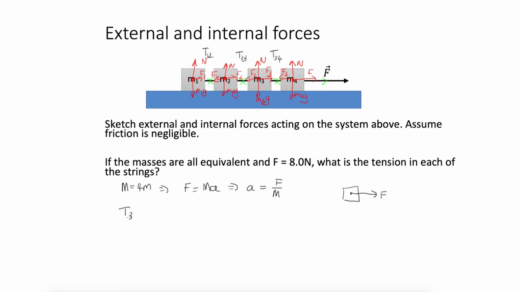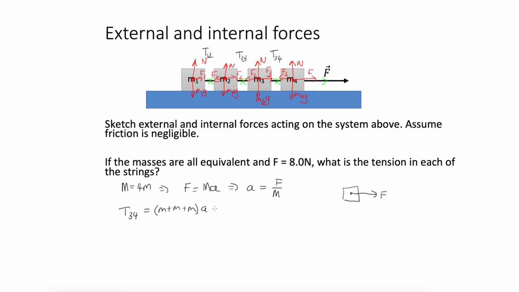Now T34 is the force which is responsible for pulling mass 1, mass 2 and mass 3 forwards. So this is the net force on masses 1, 2 and 3. We can say that's equal to m plus m plus m times a, and it's this same a here.